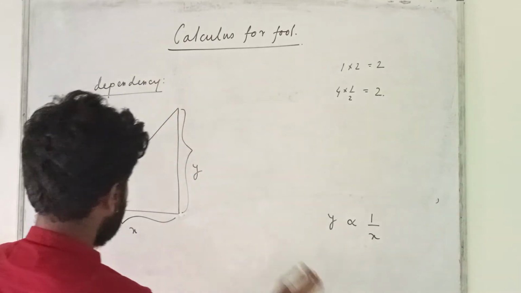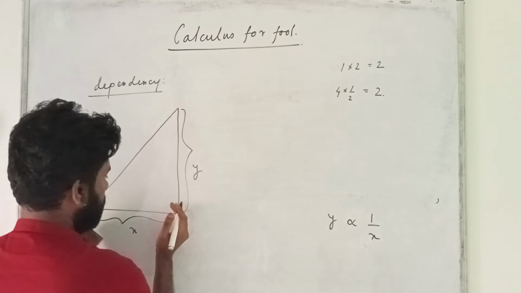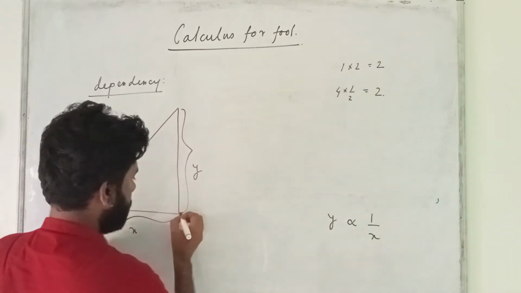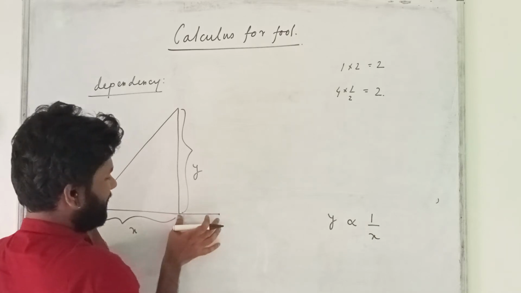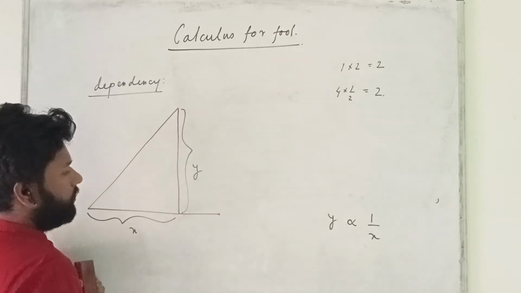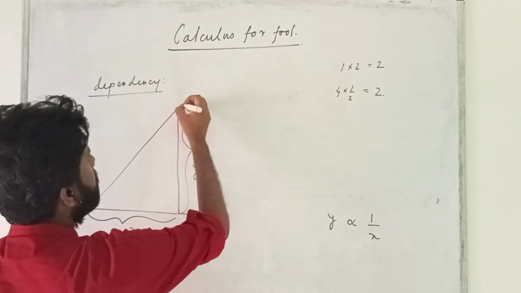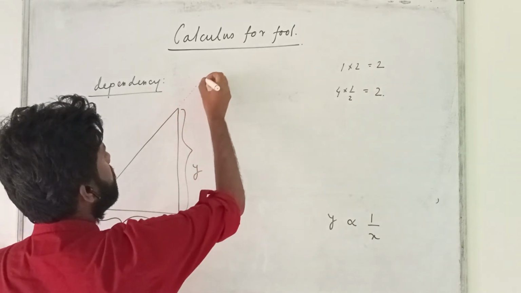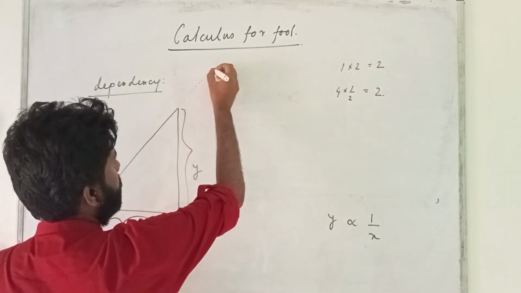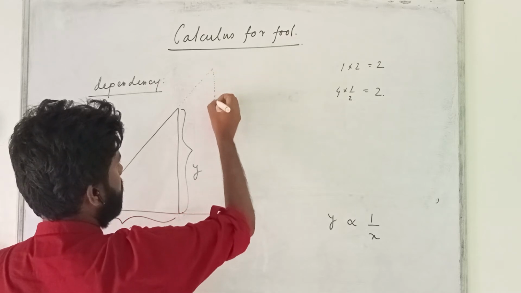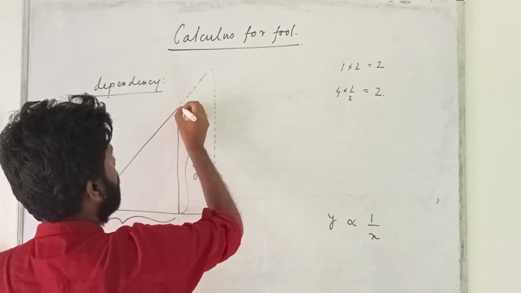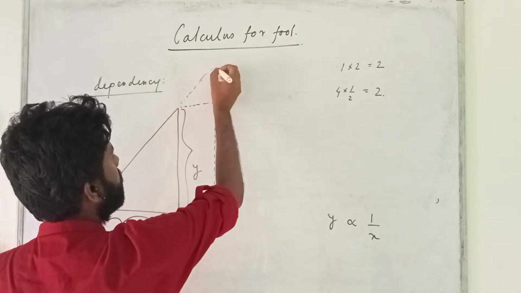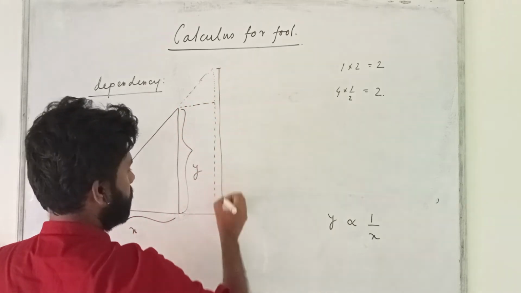Okay. So if you increase the base, then by a restriction you should increase the height also, right? It is your initial height and obviously the final height.